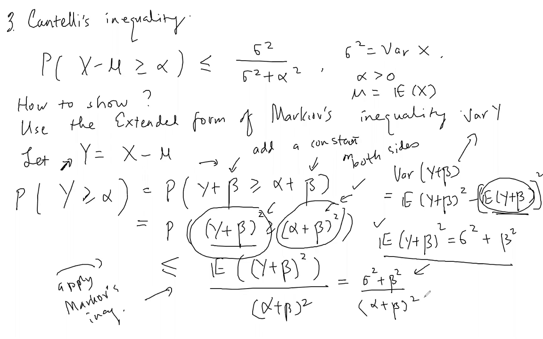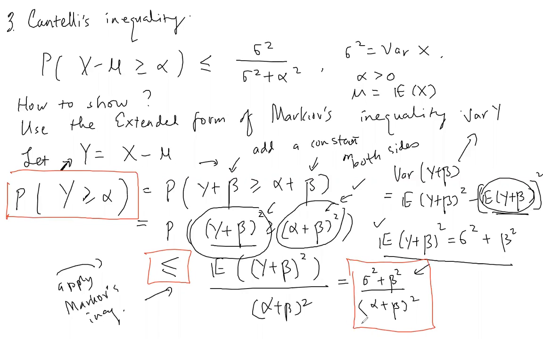Okay. So after doing this, I have this main part. Now I have this inequality. Note that because your beta is artificial, it's what we call a nuisance parameter.